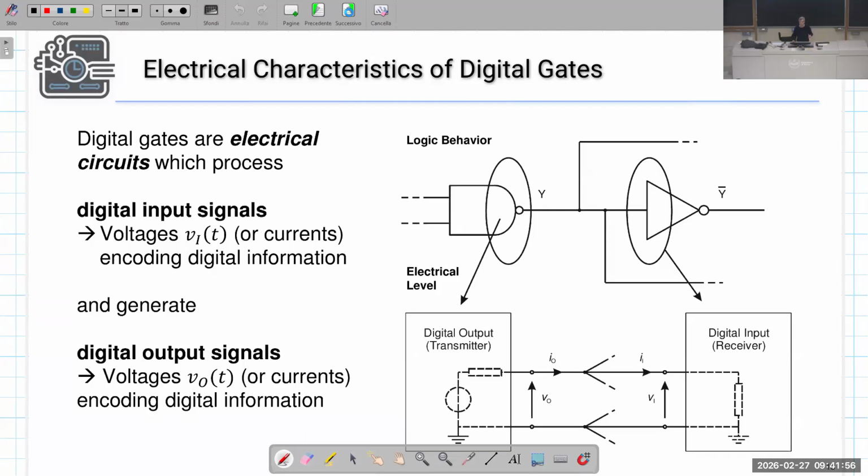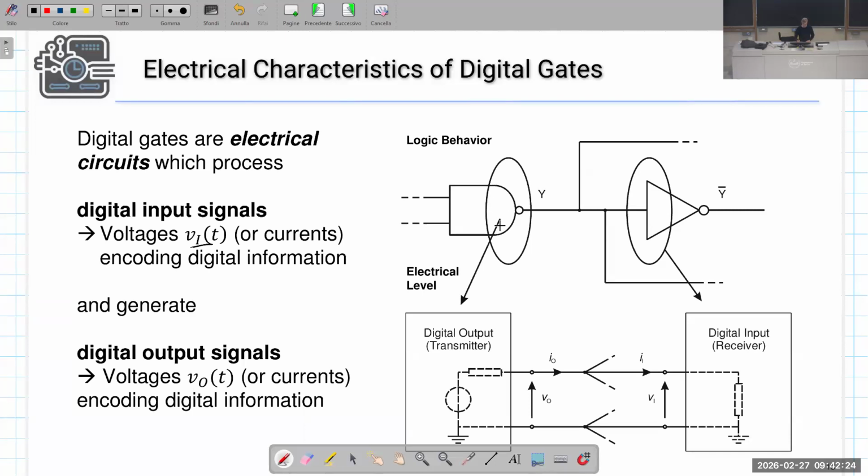Electric circuits which perform this processing operating with electrical signals. Electrical signals that in most of the cases, and this is the only case we will consider in this course, are voltages.